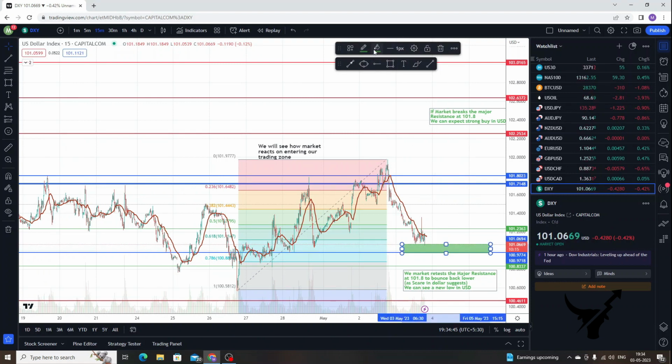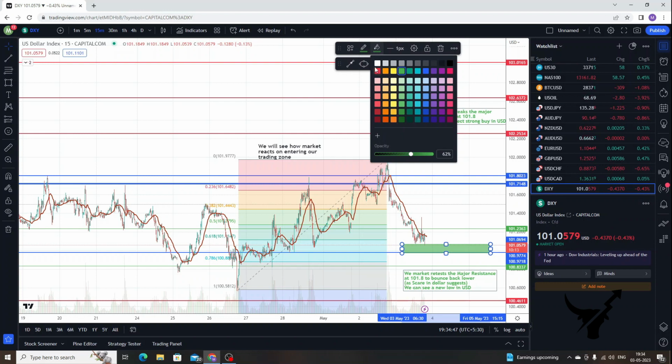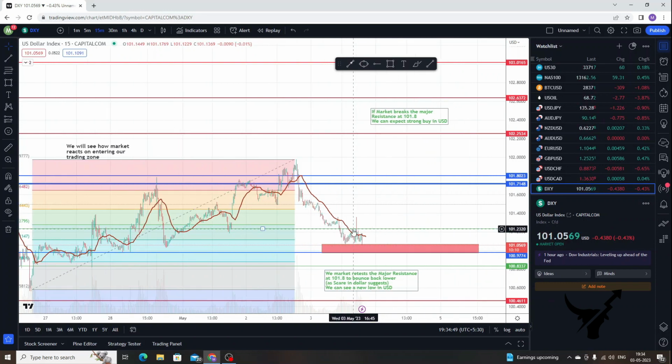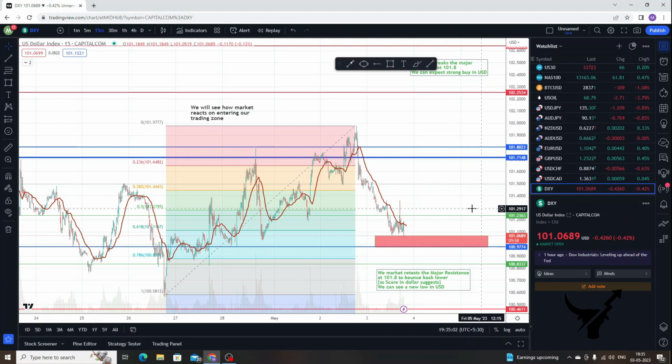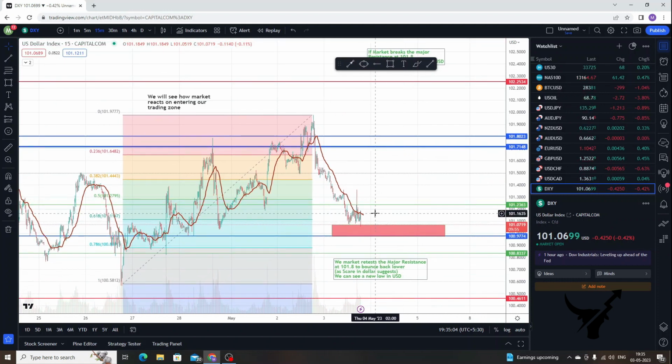We'll see if our graph retests the major resistance here and it acts as a support, so the dollar starts rising up again, or the graph will keep going low from here.